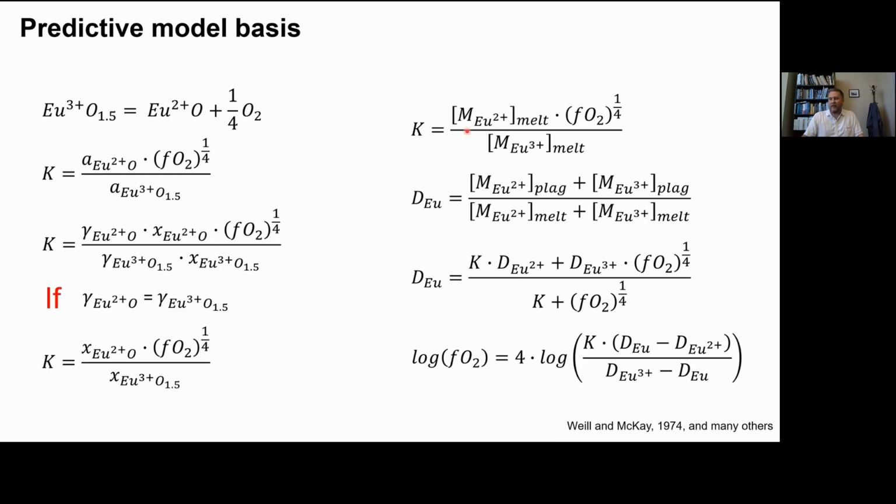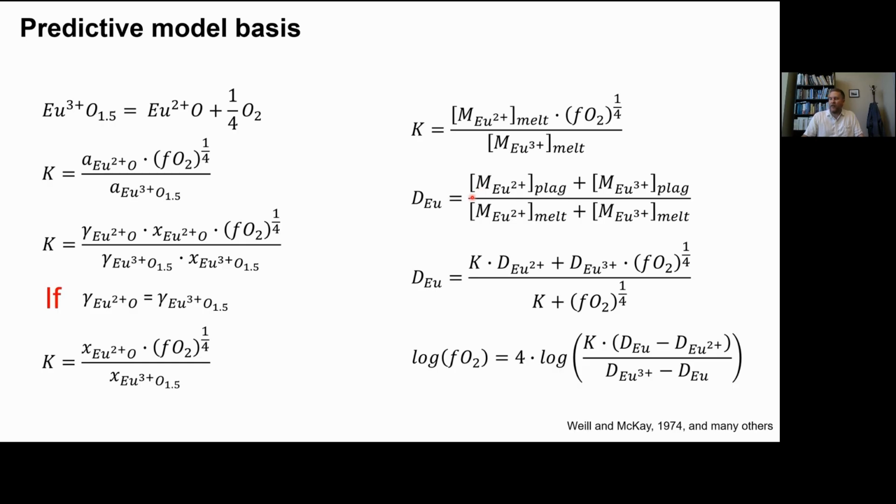The conversion factor in the numerator and denominator cancels, and we're left with this expression. Then defining the total europium partition coefficient, right? You saw the more general definition of the partition coefficient. This is for multivalent elements.